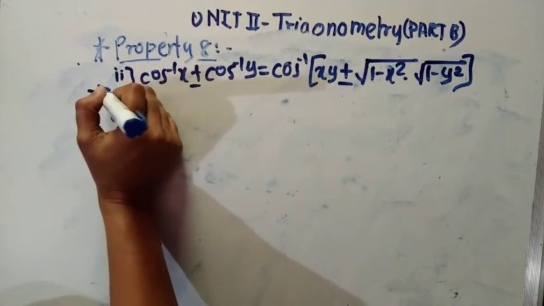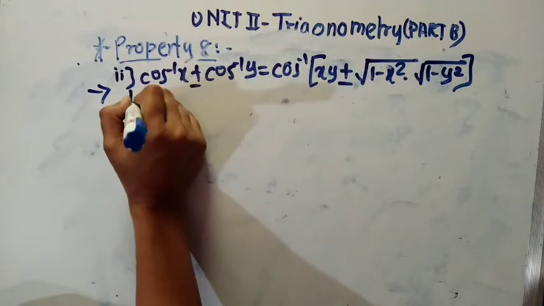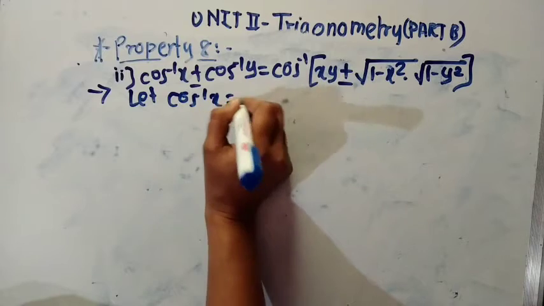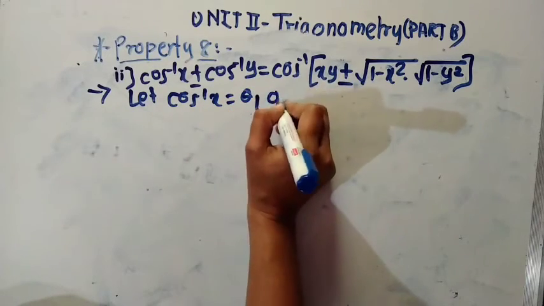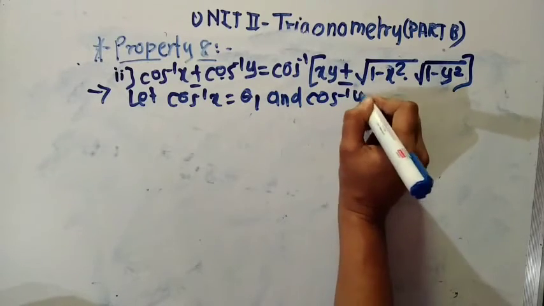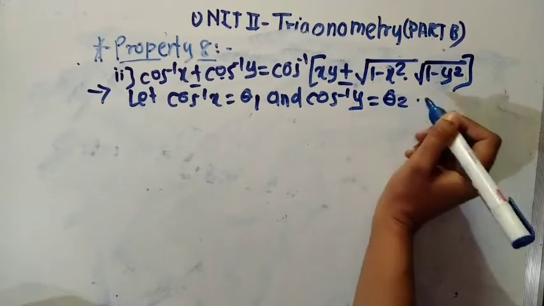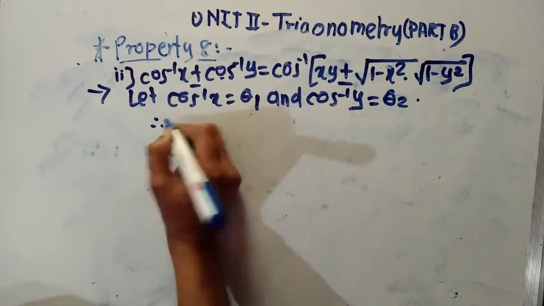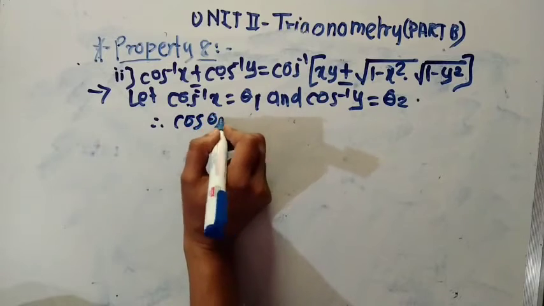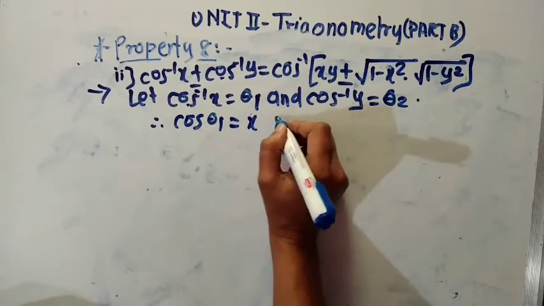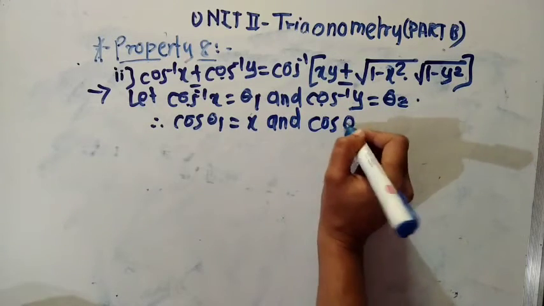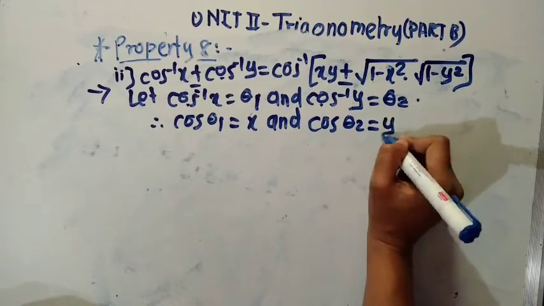Then how to prove this equation? Let cos inverse of x be theta 1 and cos inverse of y be theta 2. Hence, by the inverse function, cos theta 1 is equal to x and cos theta 2 is equal to y.